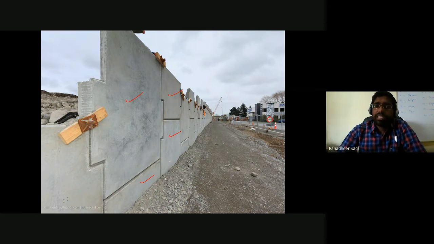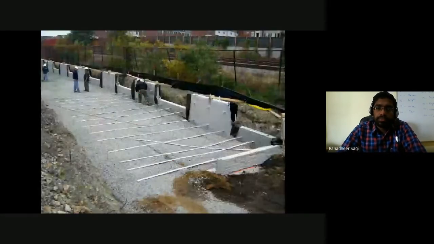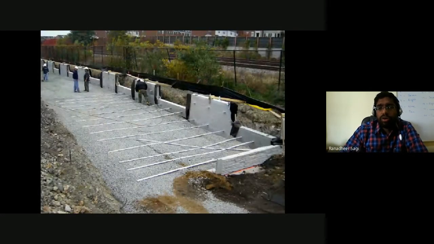Typically this kind of earth retaining wall, whatever is being shown here, is preferred in the case of highway constructions, like in the places of embankment constructions for highways, or in the places of flyovers. So in all such places, you will prefer to go for this kind of retaining wall. Okay. So how do we go on to construct this?